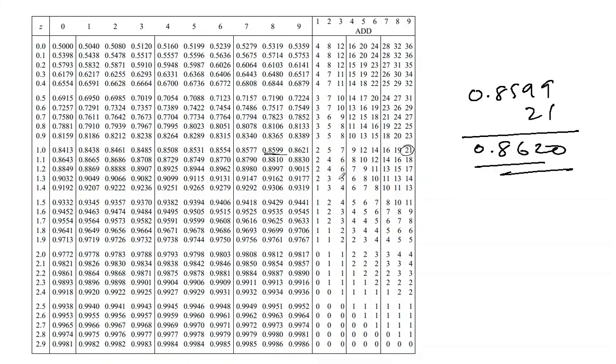0.8620 is the probability of less than 72.5. Now for 70 we had 0.643. 0.64 is 0.7389, and for the 3, it is this one, so 10 more. So it becomes 0.7399.